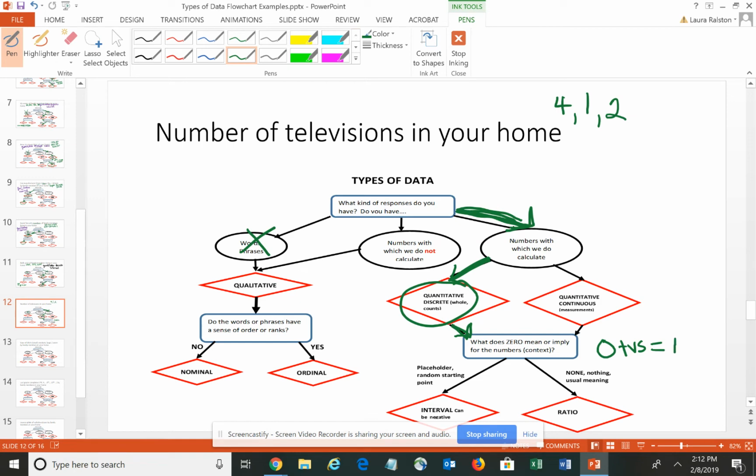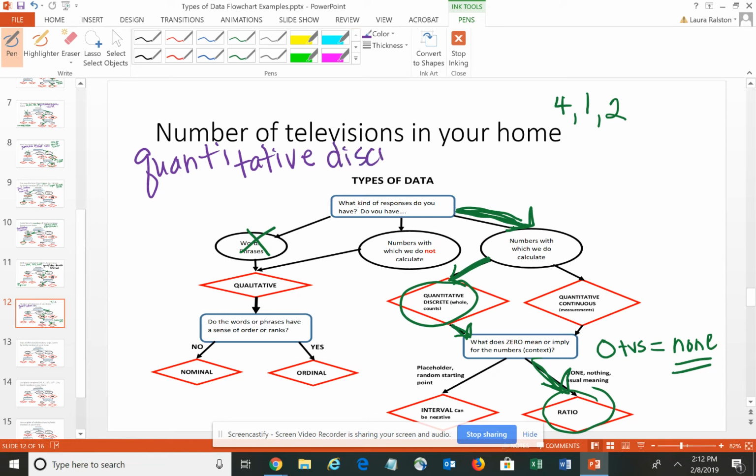If you say there are 0 TVs in your home, that means there are none, which puts us at the ratio level of measurement. So we have ultimately decided that the number of televisions is quantitative. Again, it's a big giveaway when the description says number of, that you're going to have numbers. It's discrete, and it's at the ratio level of measurement.